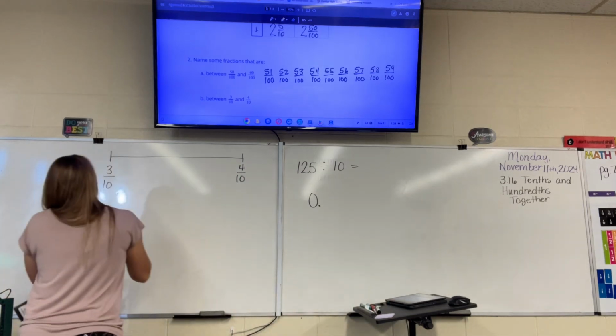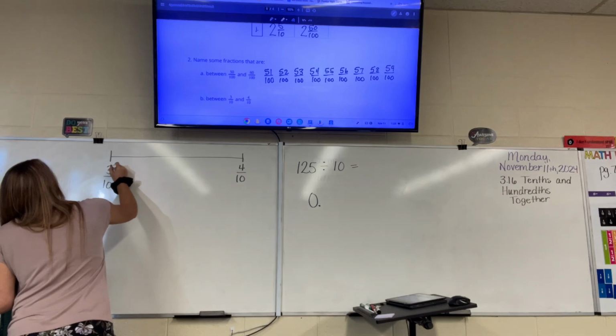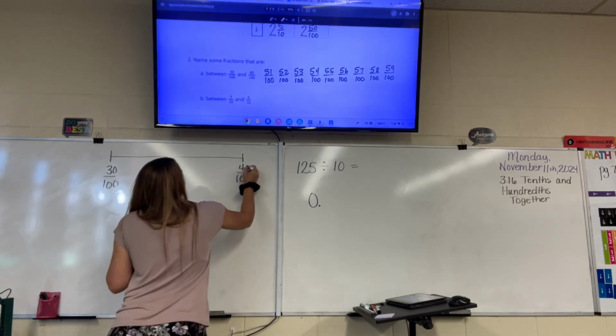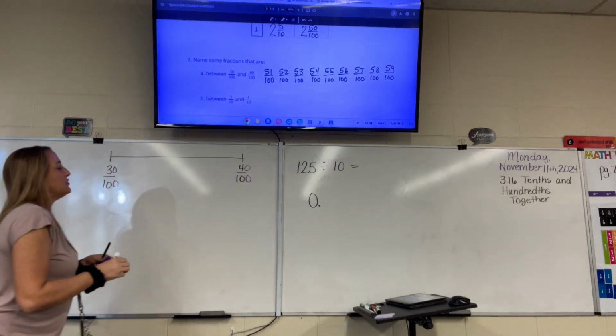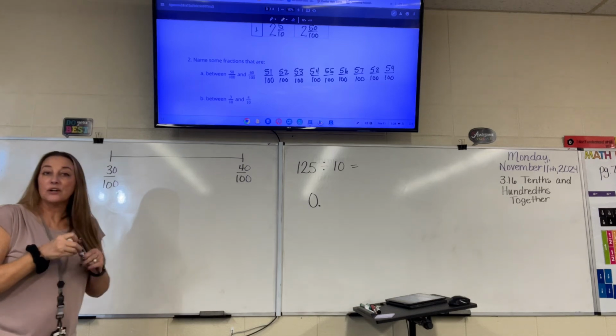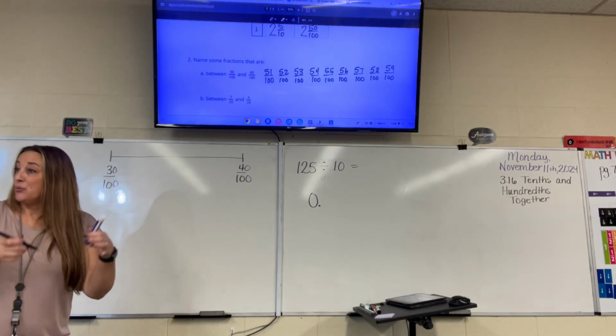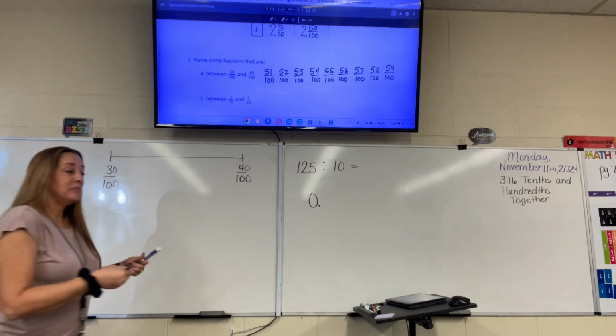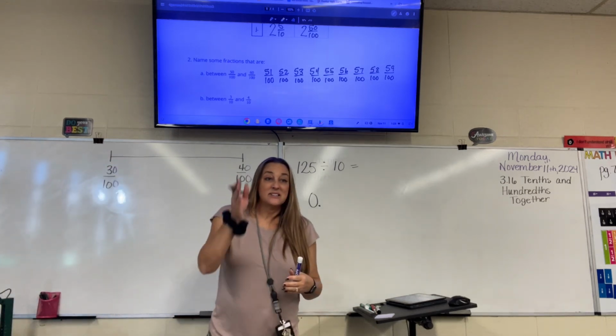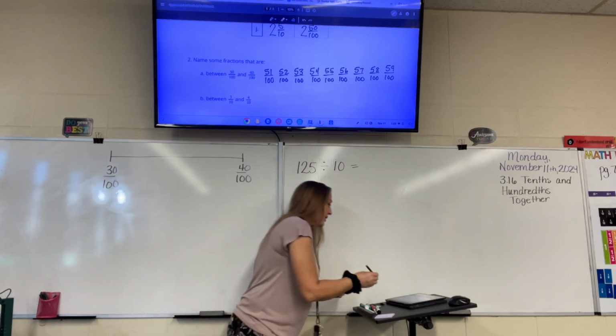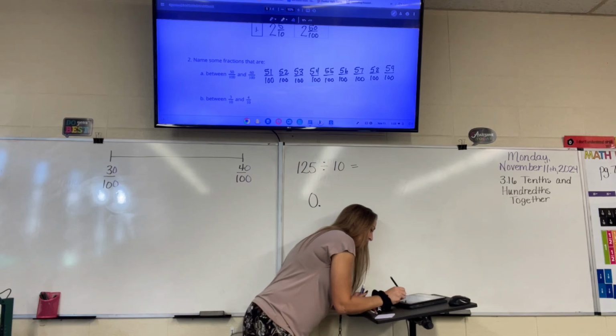To make 30 hundredths and 40 hundredths. Yes. Because we know that between 3 and 4 tenths, there are hundredths in between, right? Because we can make 10 lines in between. So here's what we're gonna write. We're gonna write between 30 hundredths and 40 hundredths.